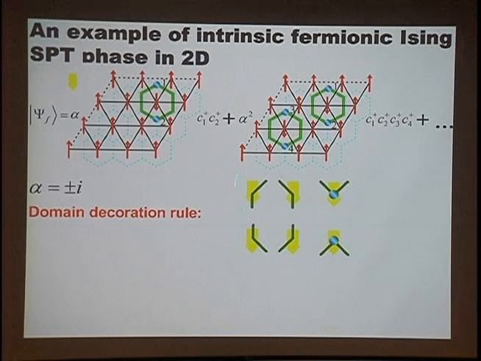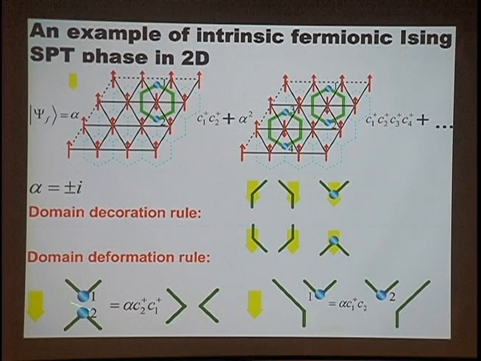And once we pin down such a decoration rule, we can further think about what's the local deformation rule. Of course, it's similar to the bosonic case. We expect some generic phase factor alpha should be here. But now it's slightly complicated because if I rotate these legs, there could be two different cases.